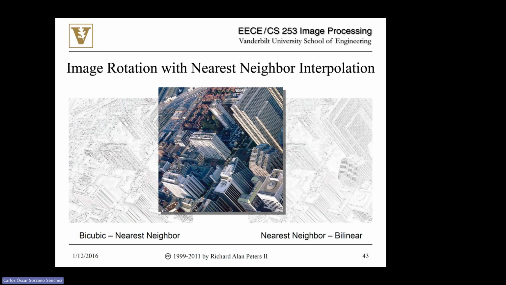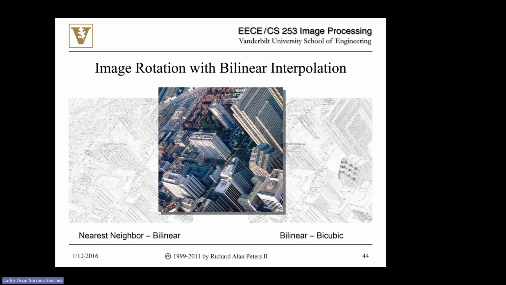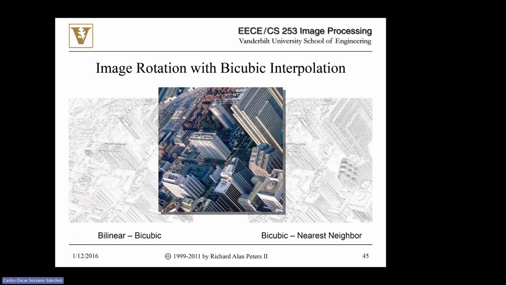So when you compute differences, what is the most accurate interpolation minus the least accurate one? These are the pixels where they differ. And you see, mostly they are at the edges, as they should be. If some region is very flat, it doesn't matter which interpolation you use. There are all kinds of comparisons, bilinear versus cubic.